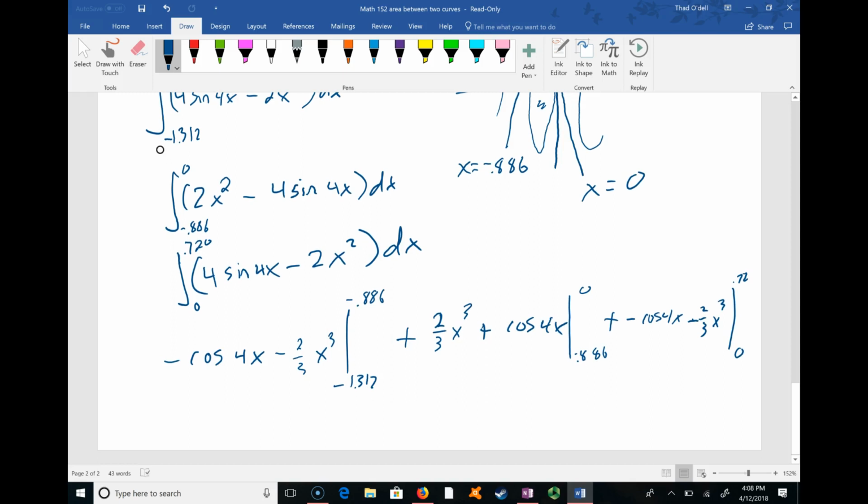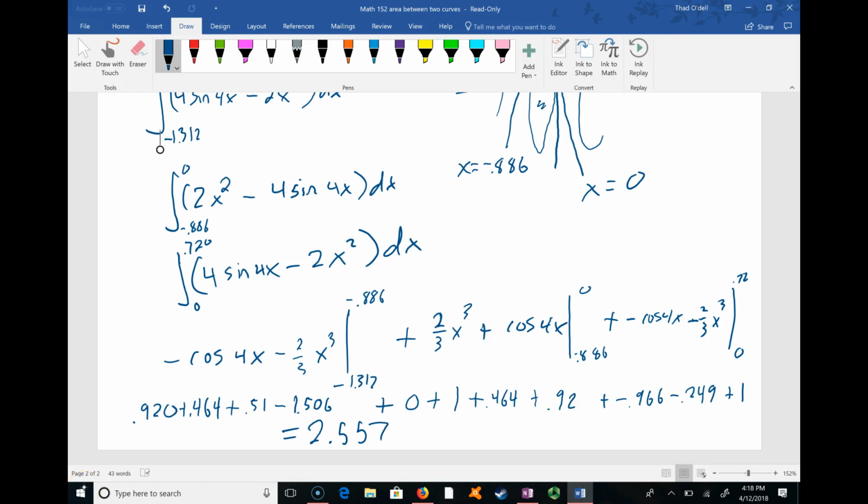So if we plug all this stuff in our calculator, just not to take up time on the camera, I went off and plugged all these numbers in off camera. I tried to set it up so you can see where this came from. Maybe I'll use a little highlighter.